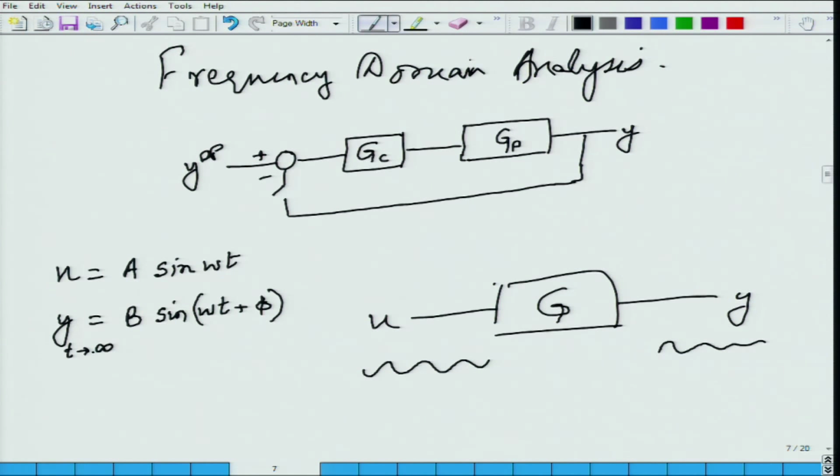The system will settle down into a nice sinusoidal oscillation.